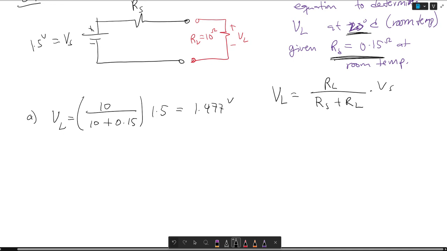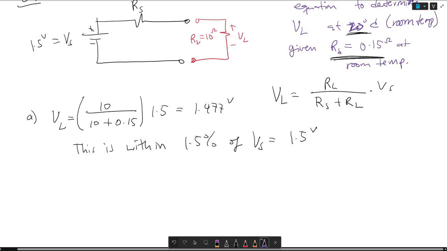And again, this is within 1.5% of Vs, equating to 1.5 volts.